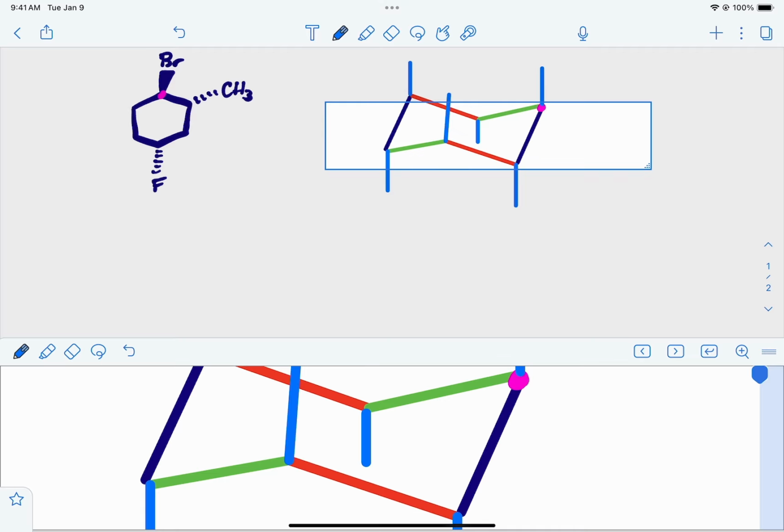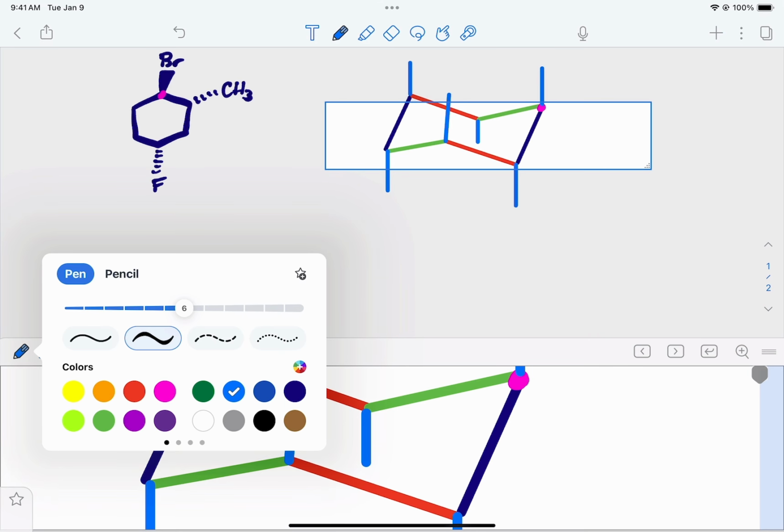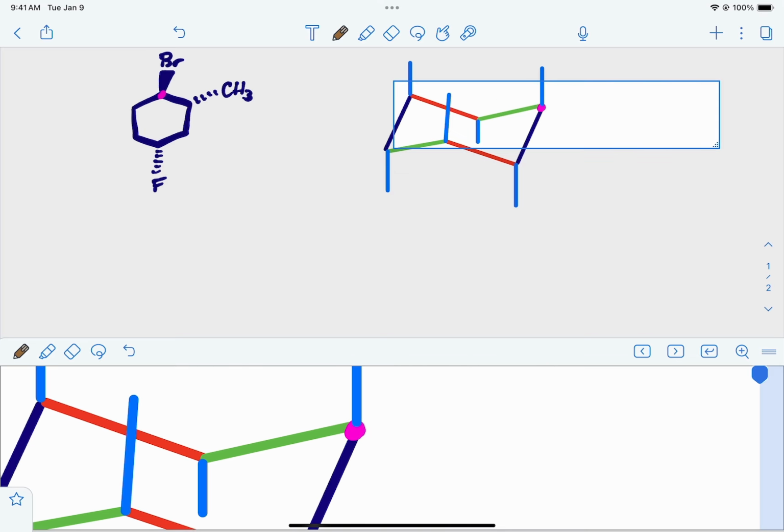So the way that I like to look at it, and the way I was taught, is that the equatorial group always goes parallel to the line, the color of the line, that's not touching your vertex. All right. So for example, in our carbon that we're looking at here, our pink carbon, it's a blue and green vertex, right?